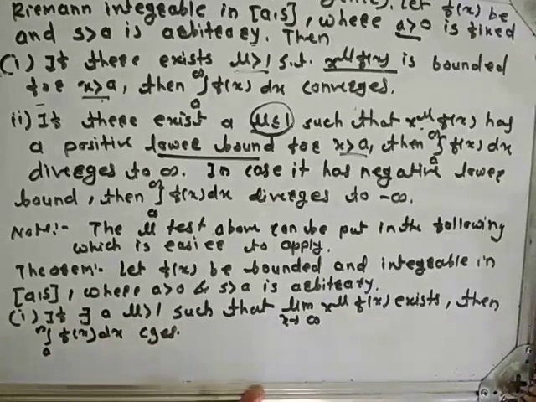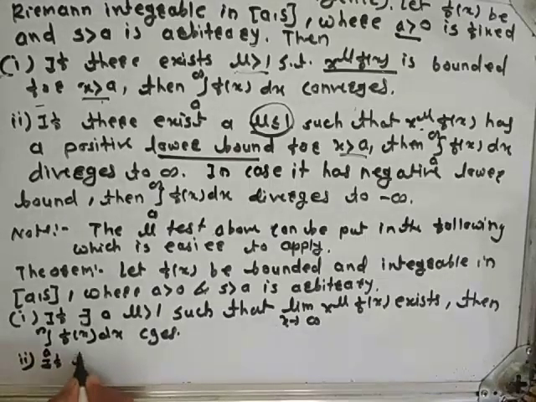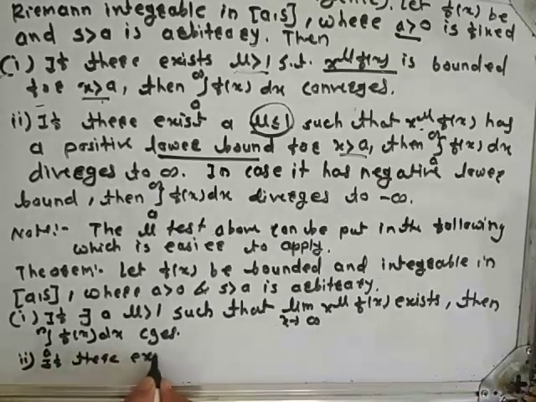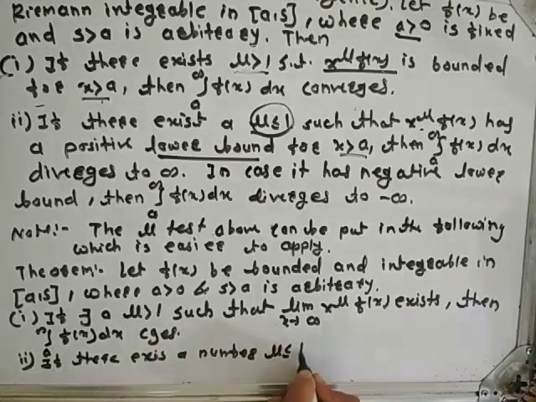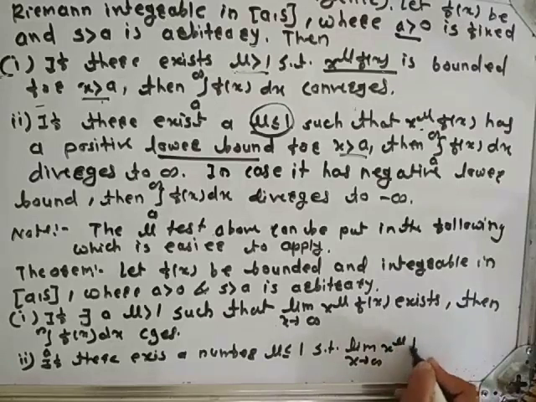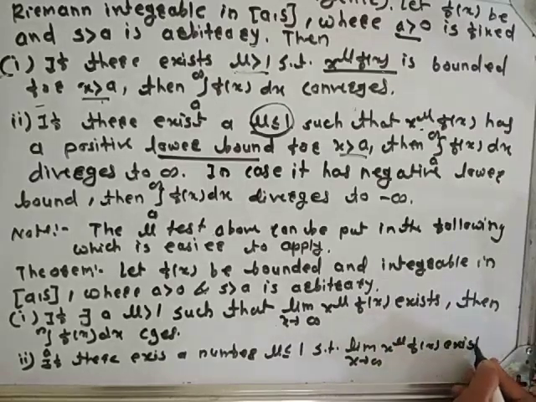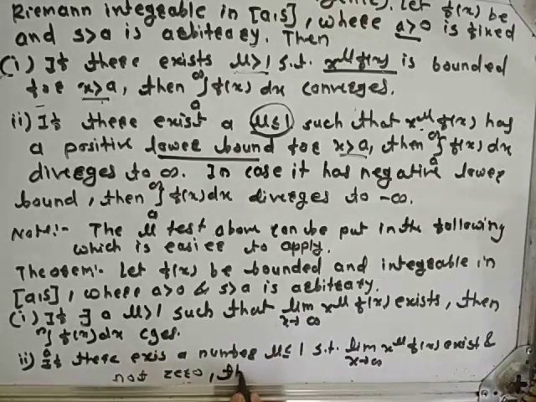The second case is, if there exists a number mu which is less than or equal to 1 such that the limit x tends to infinity of x raised to mu f of x exists and is not 0, then integration from a to infinity f of x dx diverges.